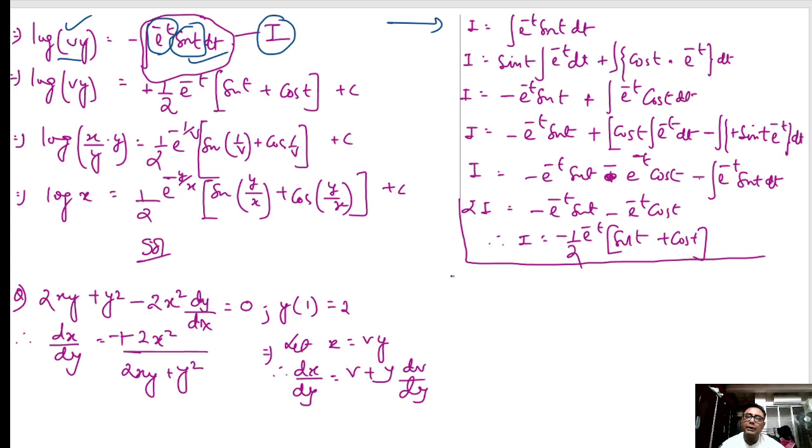For the product form, we have the formula ILATE: I for inverse, L for log, A for algebra, T for trigonometry, E for exponential.